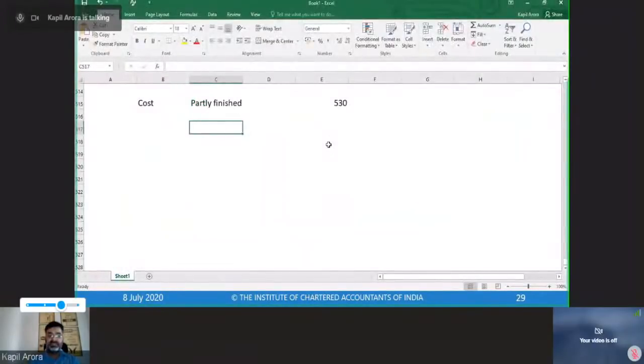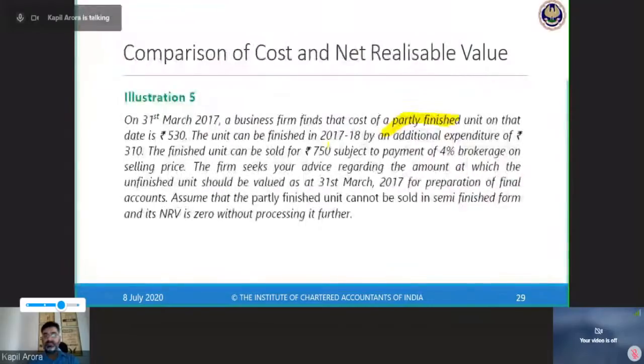So additional expense required to complete is 310. The finished unit can be sold for 750, but it is subject to 4% brokerage on selling price.